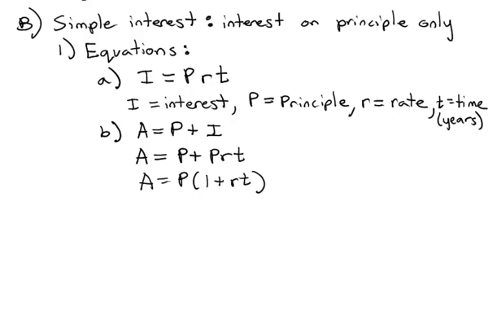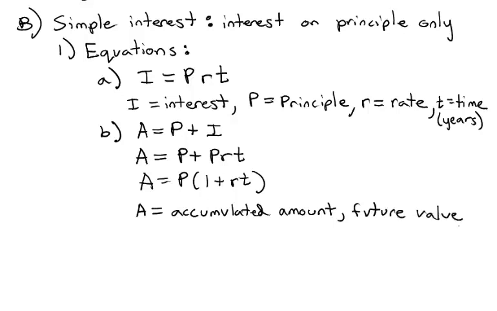The new variable here is A, which stands for the accumulated amount, the amount that's there at the end, the future value. So P is the present value, the starting, A is the future value, the finishing amount. So just to make it really clear, the two big equations we're going to use about simple interest are I equals PRT, and A equals the principal times 1 plus the rate times time.